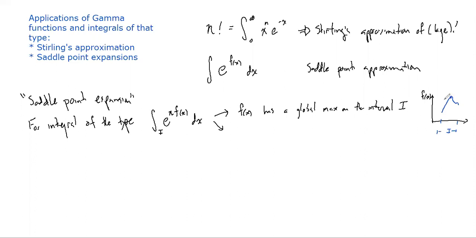And the interval could be anywhere, could be the entire real line. If f of x does not have a global maximum, which means it's unbounded, then we're essentially going to have e to the infinity, right? So the other option is the integral does not converge, so we don't even care.